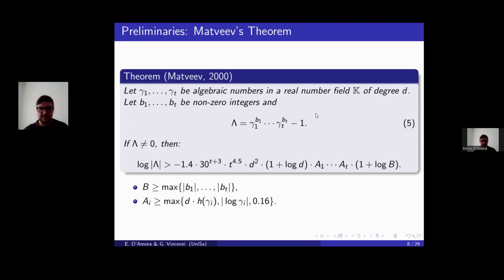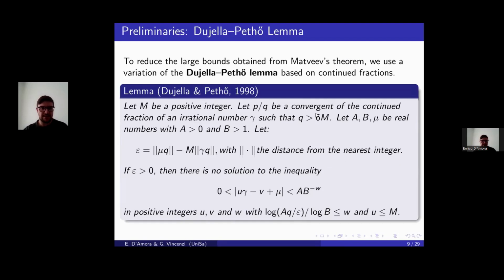So to reduce it, we will use this lemma, the Dujella-Pethő lemma, based on continued fractions. In this lemma, we have a positive integer M and an irrational number gamma, and we must search for a convergent of the continued fraction of gamma such that the denominator is greater than 6M. We know from theory that we can write this number as an infinite continued fraction, so convergents are infinite and denominators are increasing.